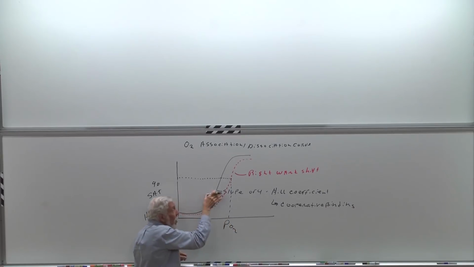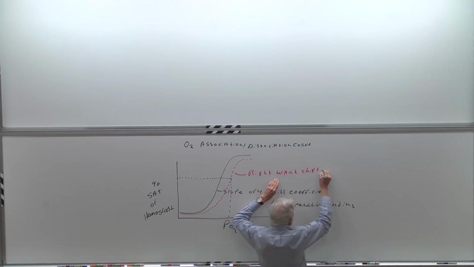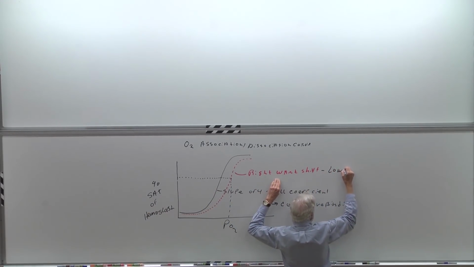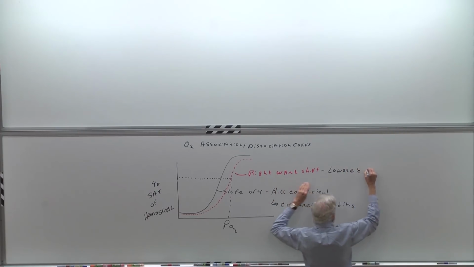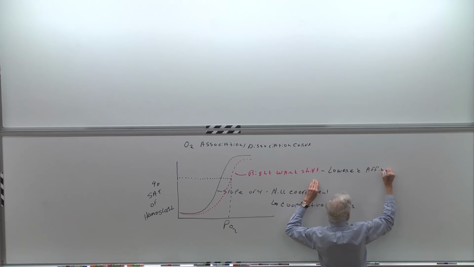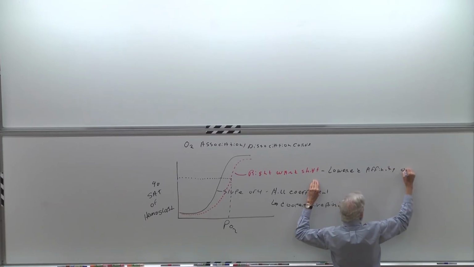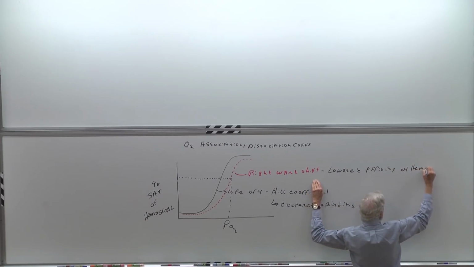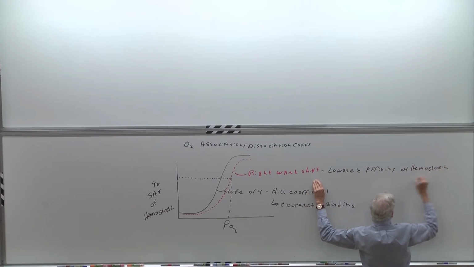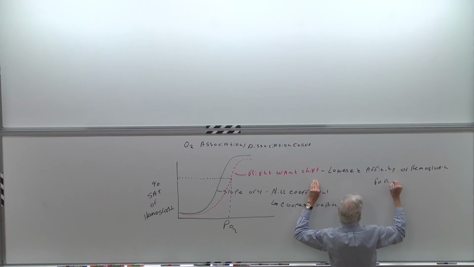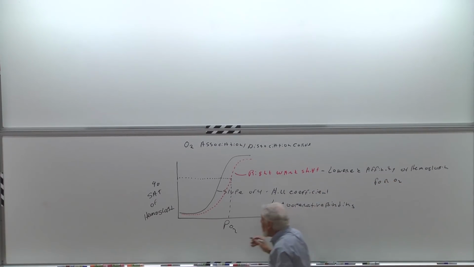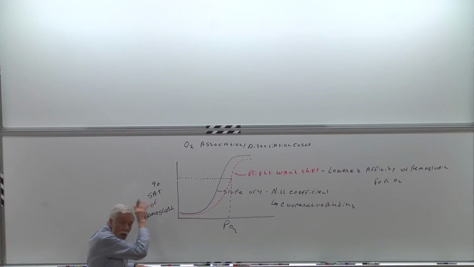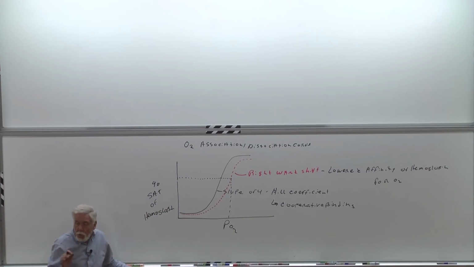Simply saying that the rightward shift is saying there is a lowered affinity of hemoglobin for oxygen. It's simply telling us that with a rightward shift the hemoglobin molecule is more likely to give up oxygen.